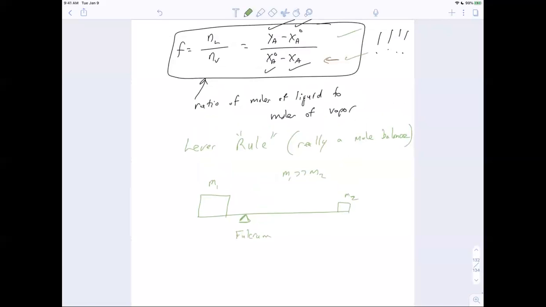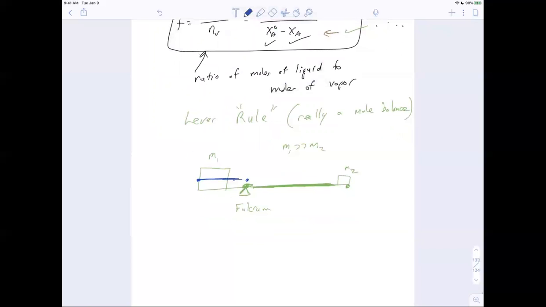So in this case, the length from the fulcrum to the end here is much larger than the length from the fulcrum to this side.